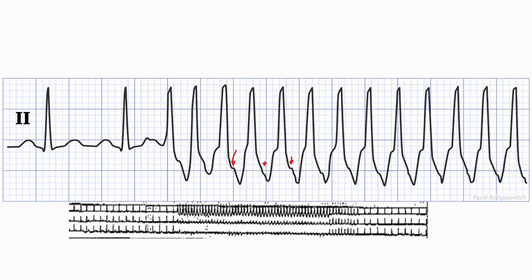So even if they were P waves, this would be a 1-to-1 AV relationship tachycardia. And what that means is we basically could be either VT or SVT with aberrancy. Because, for example, this QRS can retroconduct and create a negative or a retroconducted P wave right after it. This is very plausible if this was VT.